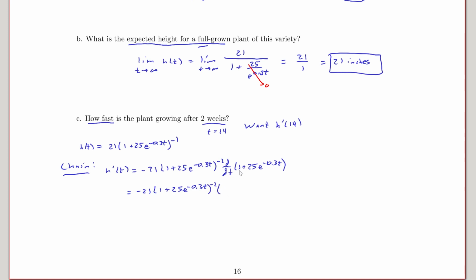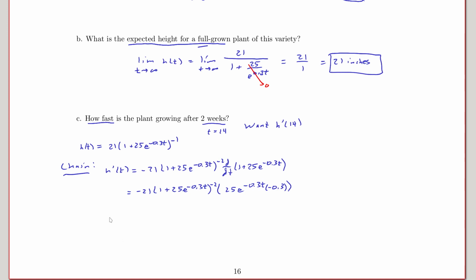The derivative of 1 is 0, and then we have 25 e to the negative 0.3t, but we also have to multiply by the derivative of that exponent, which is negative 0.3.